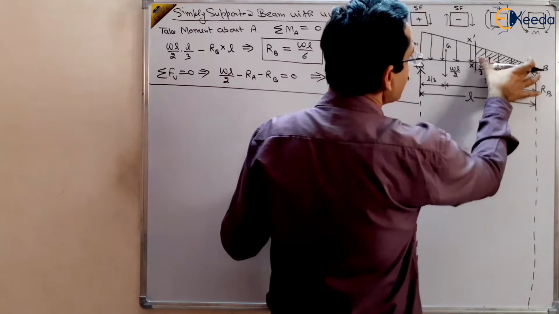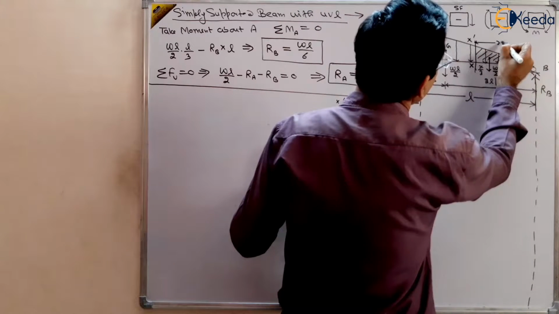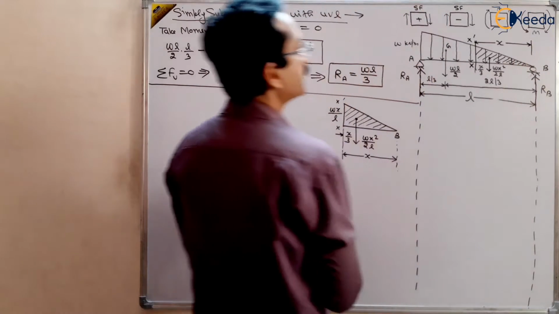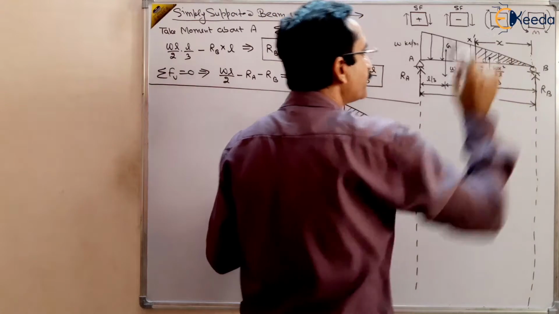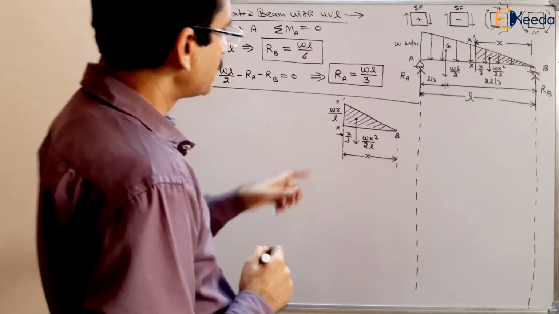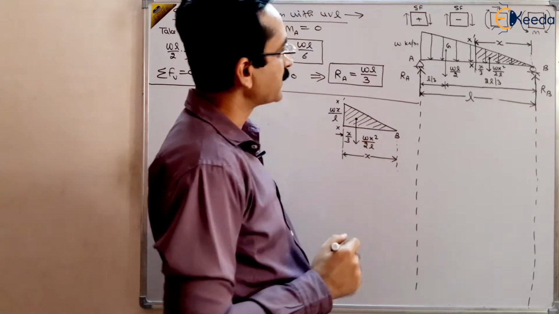And the total distance of this is x. So now we can see here that the load acting at this point is Wx square by 2L at a distance x by 3.